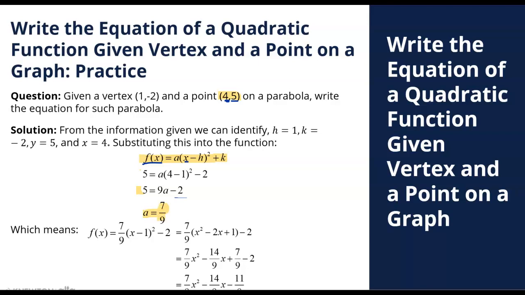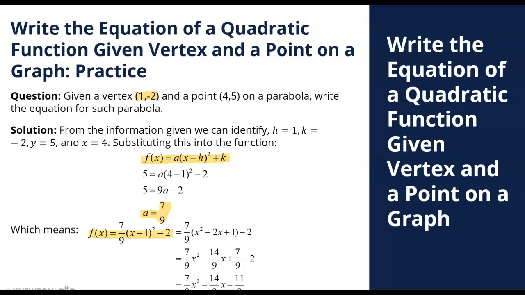Then you plug in all the information that you solved into the function f(x) = a(x − h)² + k. With a = 7/9, h = 1 and k = -2, we have this expression.